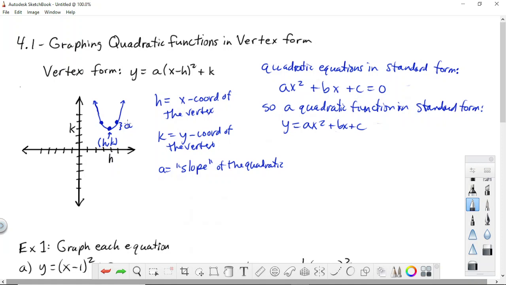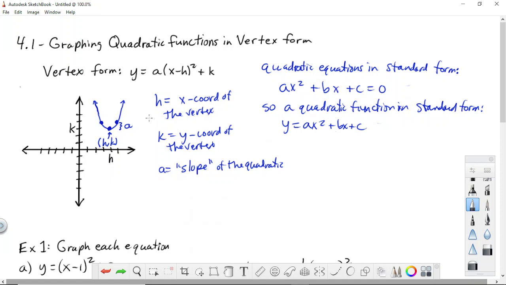If a was, for example, something like 1/4 or 1/5, you would go out 1 from the vertex, but you would only go up by a small number like a fourth or a fifth, whatever a is. So it would look more like this in that case, very shallow, when a is a fraction, a small number.